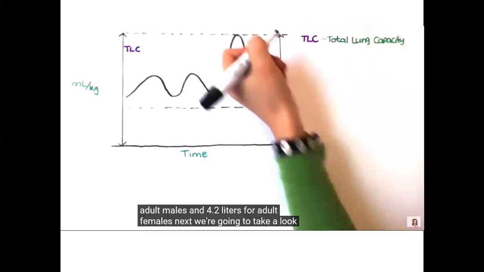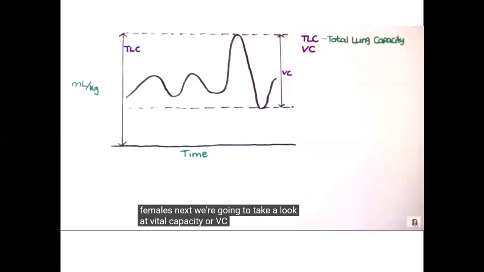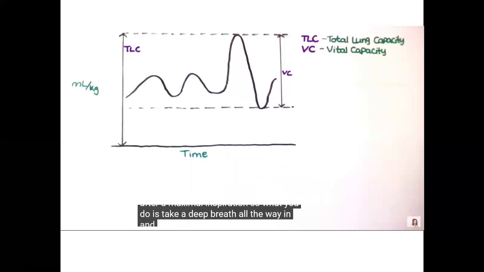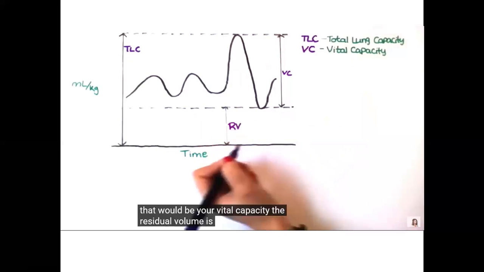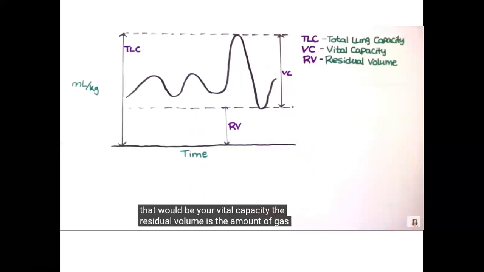Next, we're going to take a look at vital capacity, or VC. Vital capacity is the amount of gas that can be exhaled after a maximal inspiration. So what you do is take a deep breath all the way in and then blow it all the way out, and that would be your vital capacity. The residual volume is the amount of gas remaining in the lungs after a maximal expiration.